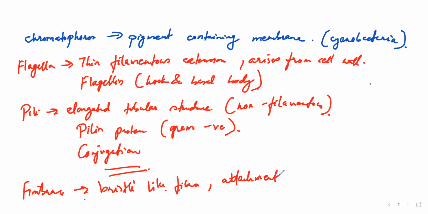So pili and fimbriae are both for attachment. Flagella is mainly for movement, but pili also help in conjugation, that is the transfer of DNA from one cell to another cell. In motility, pili and fimbriae do not have any role. So if they ask which structure is for motility, it is only the flagella.